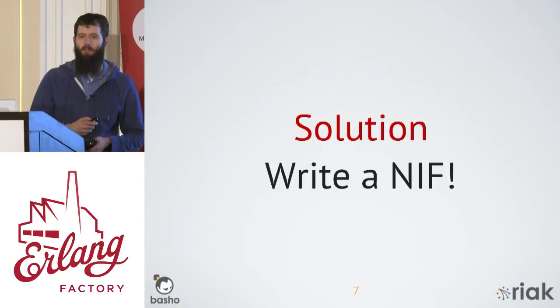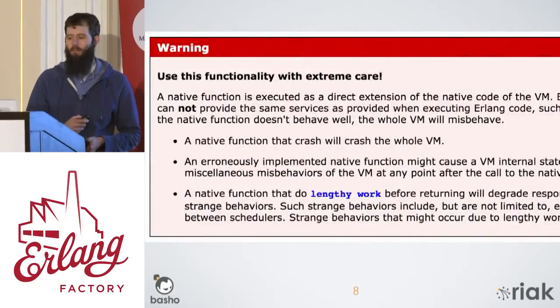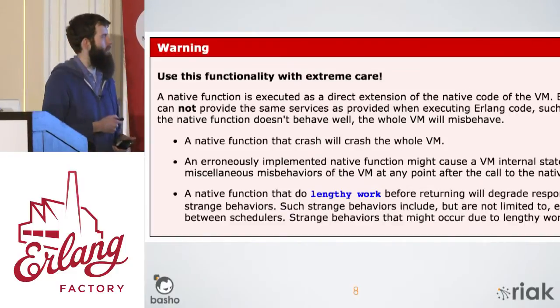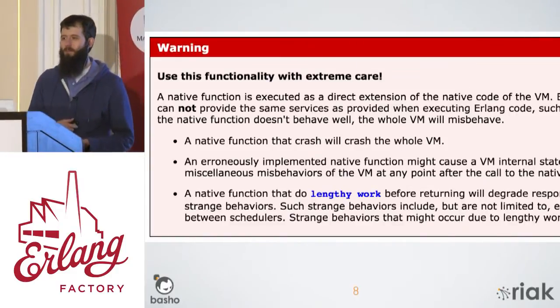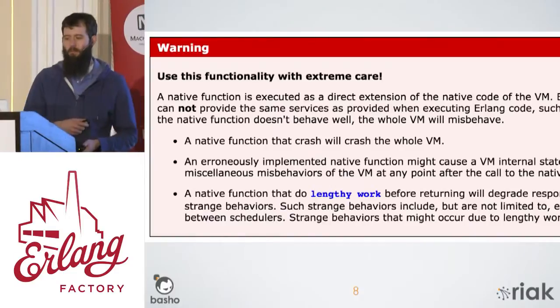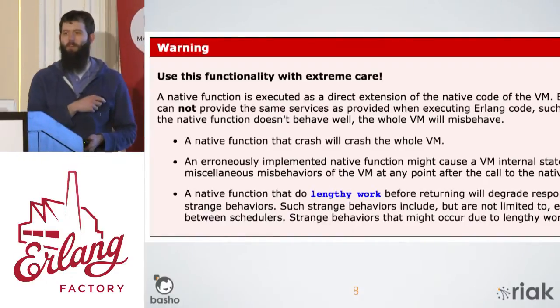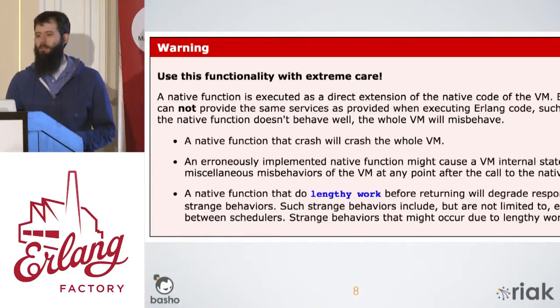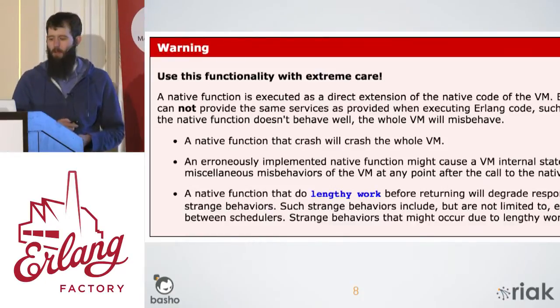So the solution here was, hey, let's write a NIF. Of course, NIFs are scary. Use them with extreme caution, right? You've all seen this on the Erlang website probably. The funny part is this warning never existed originally, and it was added later after NIFs caused lots of problems. The thing with NIFs though is you have to use them sometimes. At Basho, we use NIFs to interface with eLevelDB.